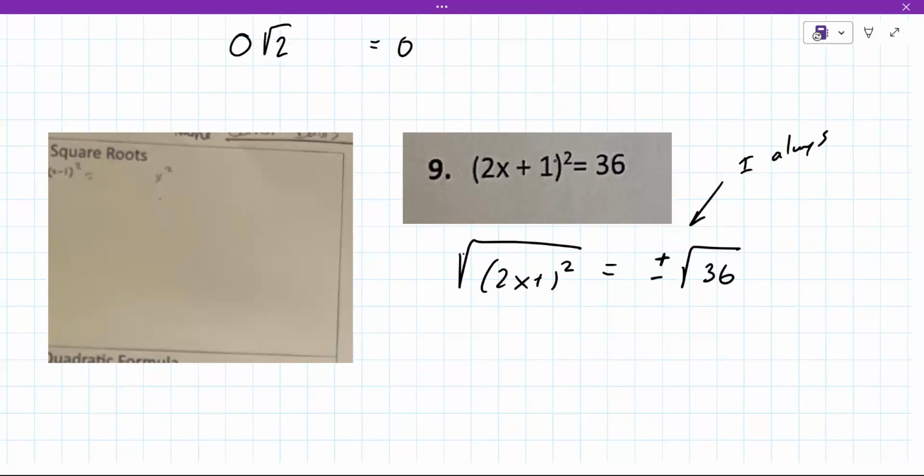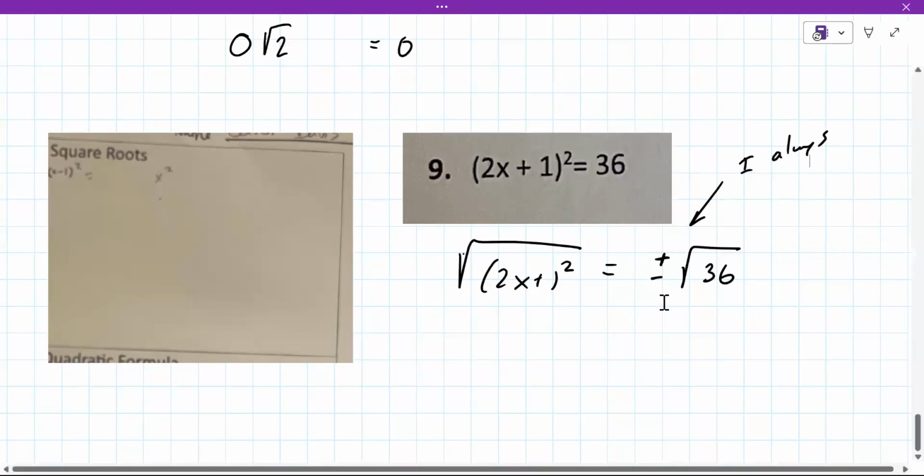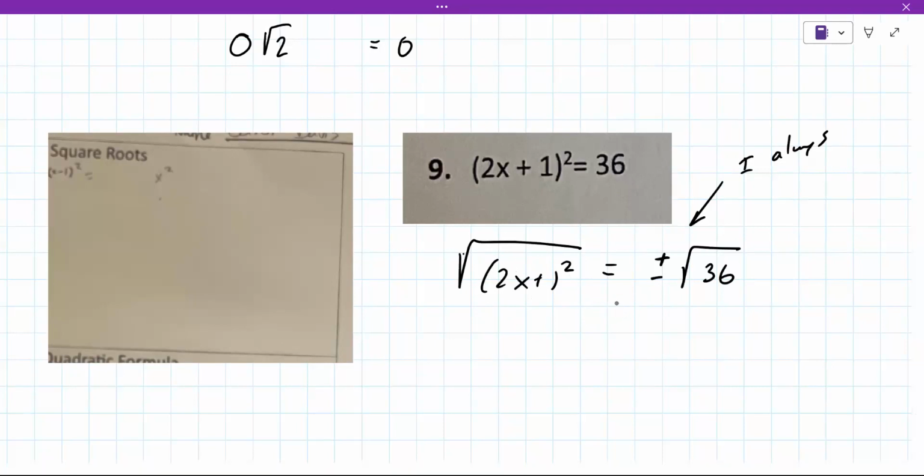Wait, so how would you write the formula if the number 2 and like 1 and 36 weren't there? There's an X somewhere. Somewhere there's an X, and then there's everything else. Okay. And you take a square root of both sides.